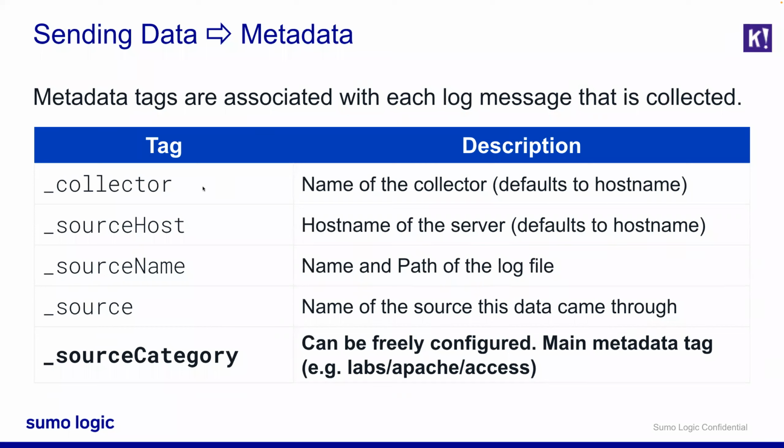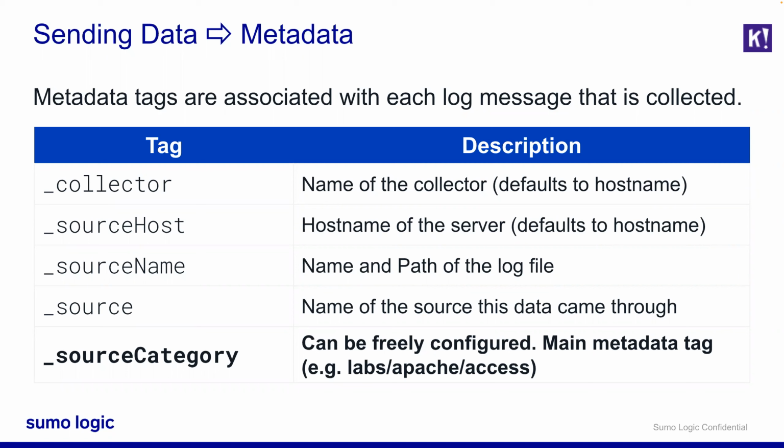So the name of your collector: when your collector grabs all your data and brings it into Sumo, the name of that collector gets associated or labeled to your data. That metadata, the collector name, might be a very good way for you to locate your data. It also might not be.